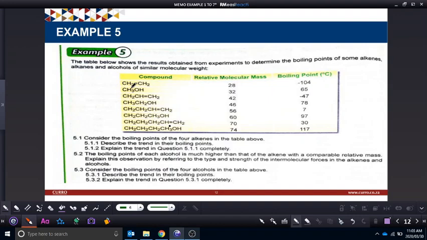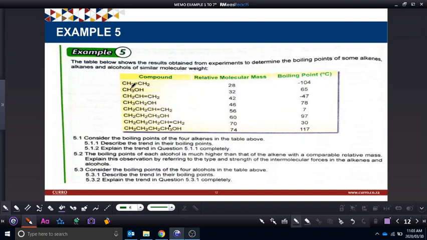5.2, the boiling point of each alcohol is much higher than that of the alkene of comparable relative mass. Explain the observation by referring to the type and the strength of forces in the alcohols and in the alkenes. So we need to compare now the alcohols and the alkenes. So number 1, the alkenes have induced dipole forces. The alcohols have hydrogen bonds.